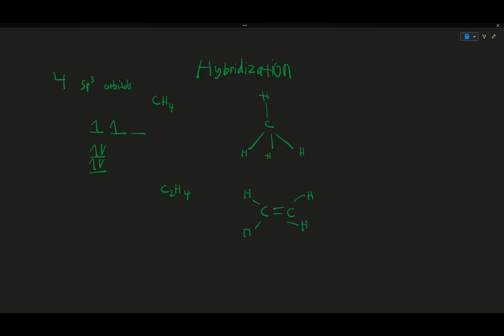But next, let's move on to an example of sp hybridization. Let's say we have C2H2, acetylene. So now you have a carbon and another carbon, and in this case there's a triple bond between them, and then they're each bonded to an H. Let me redraw that.